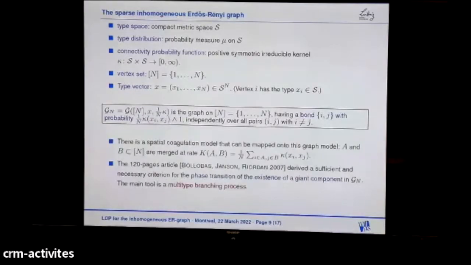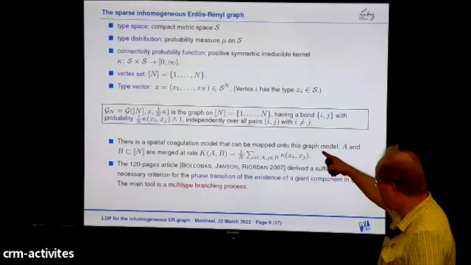This was introduced, in my opinion, at least the first serious results were done in a paper with 120 pages by Bollobás, Janson and Riordan 15 years ago. And they derived sufficient and necessary criteria for the phase transition of the existence of a giant component.